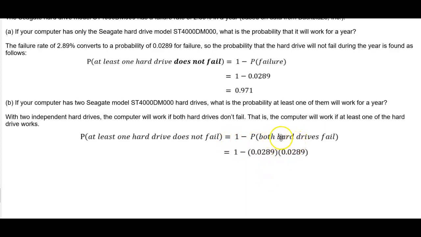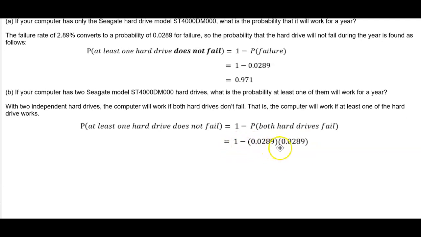Now, that means if both hard drives fail, you're doing the multiplication. The failure is 0.0289 times 0.0289 since there's 2 of them. So you're going to take 1 minus that.